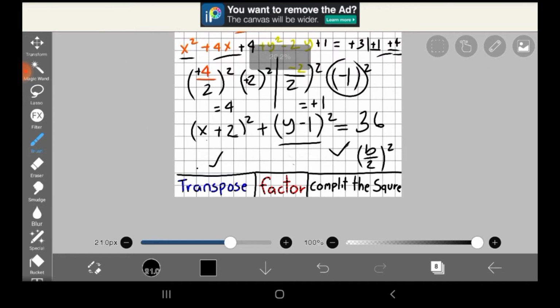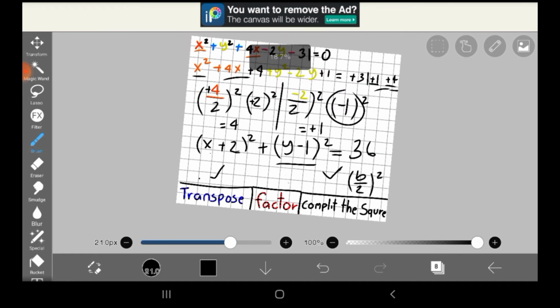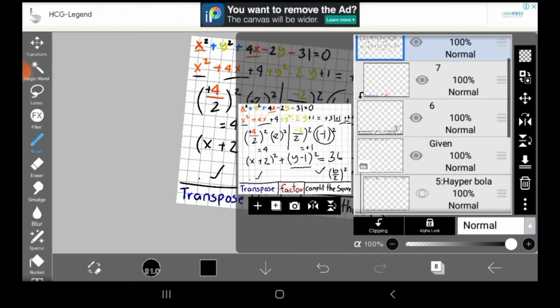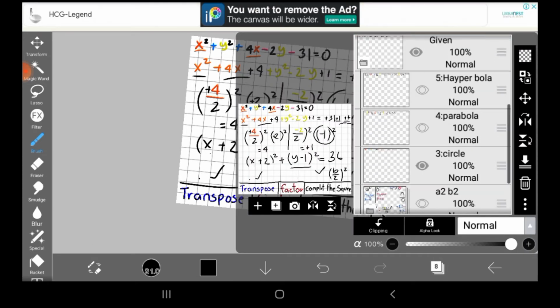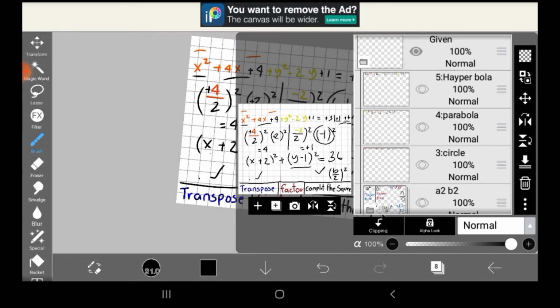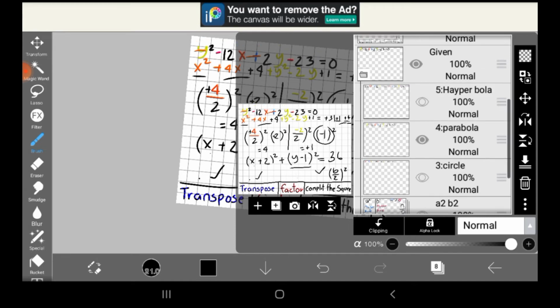So actually this method works, and we can use this method in other general forms too. Now let's try a parabola. Let's try this method on a parabola.